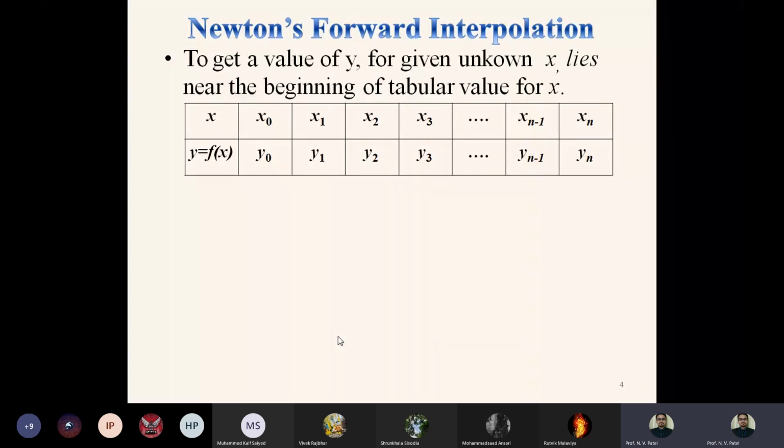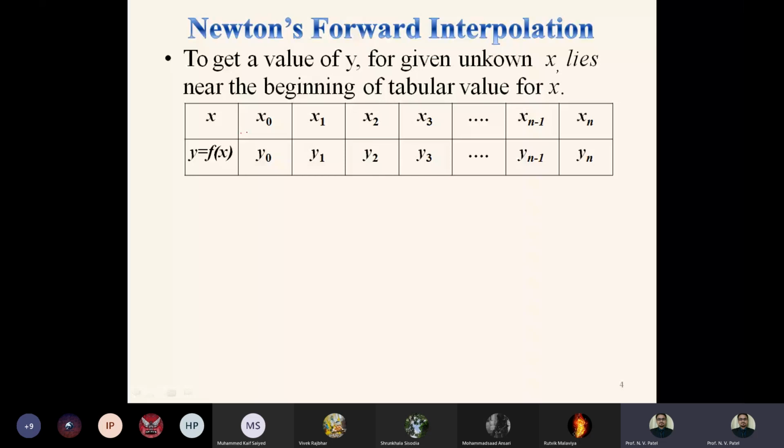So to get a value of y for the given unknown x, if x lies near the beginning of our tabular values of x, that means the unknown x lies at the starting of your table, then Newton's forward interpolation is applied.